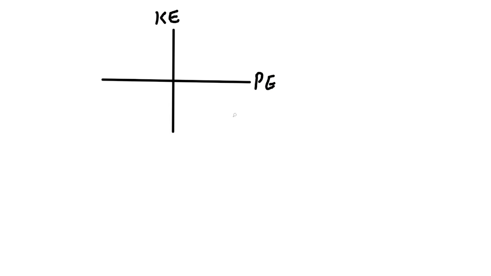I'm going to zoom out a little bit more. So the key about this is, let's imagine we have our little straight line graph, and let's say our total mechanical energy is, I don't know, 2 joules.